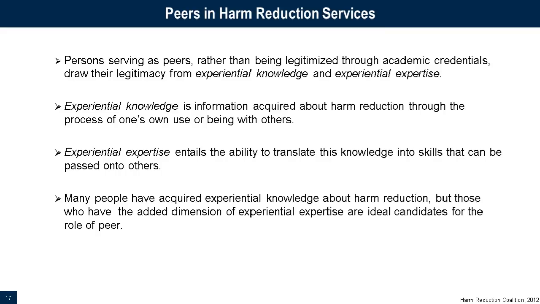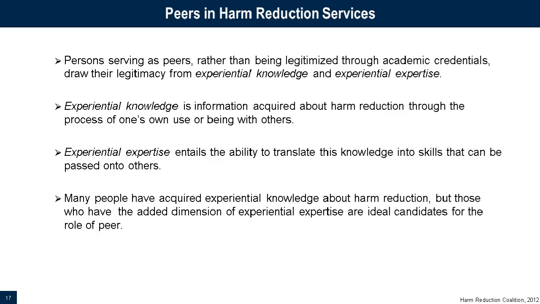Let me illustrate an expanded definition of peer offered by the Harm Reduction Coalition to demonstrate my logic. In this document, they say persons serving as peers in harm reduction services, rather than being legitimized through academic credentials, draw their legitimacy from experiential knowledge and experiential expertise. Experiential knowledge is information acquired about harm reduction through the process of one's own use or being with others that use.